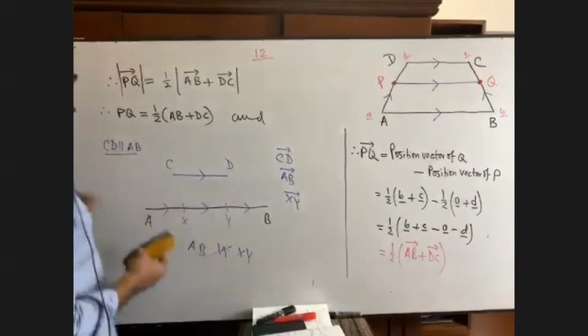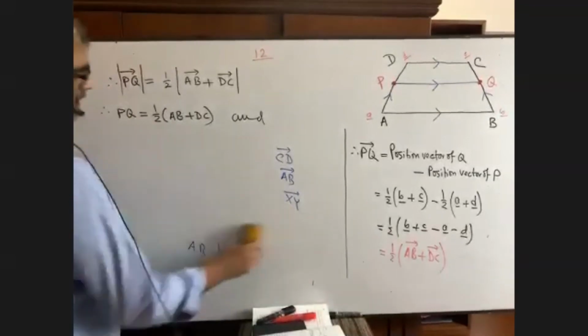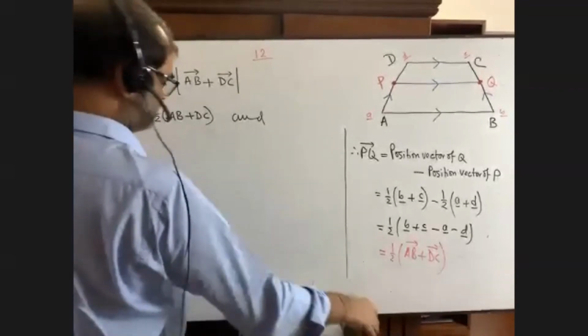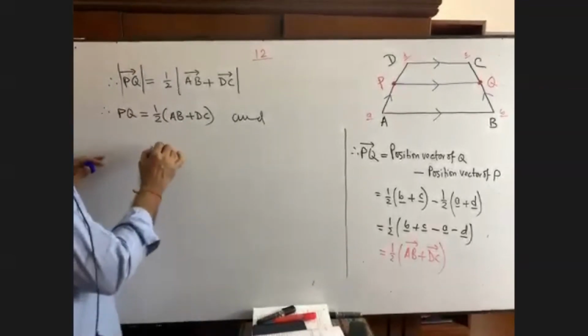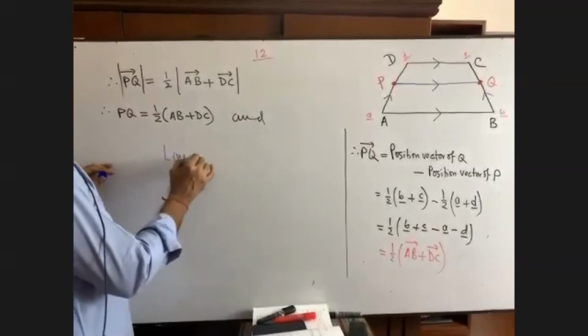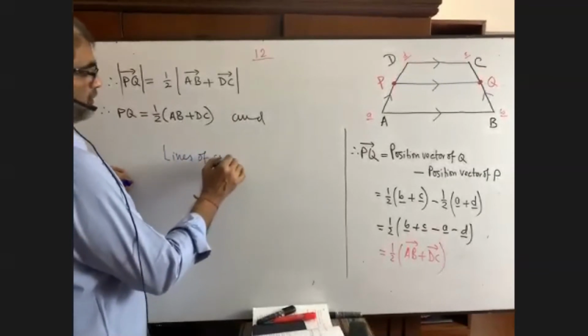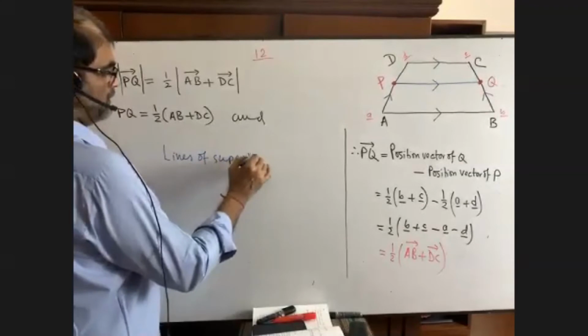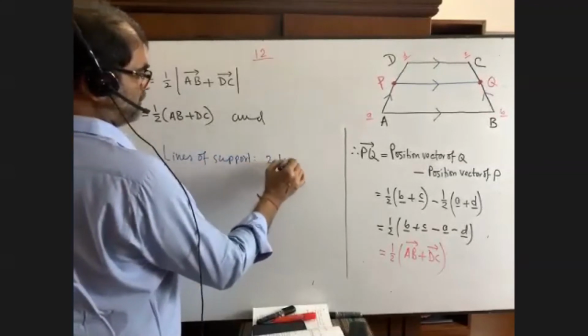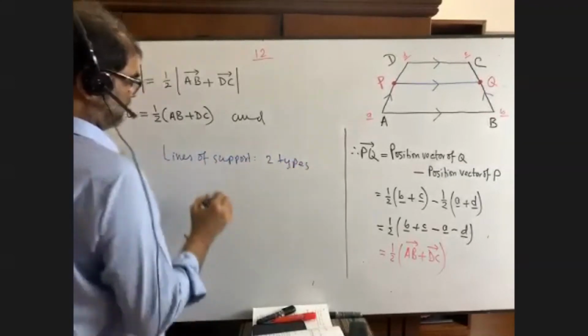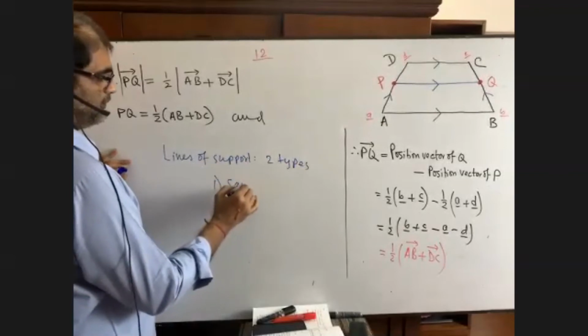They are called lines of support. Lines of support are of two types. Number one, they may be same.